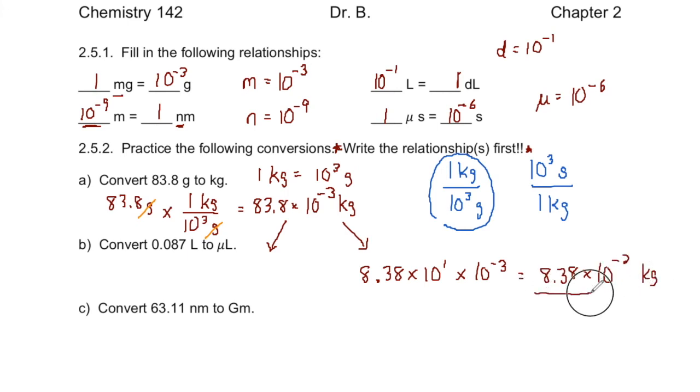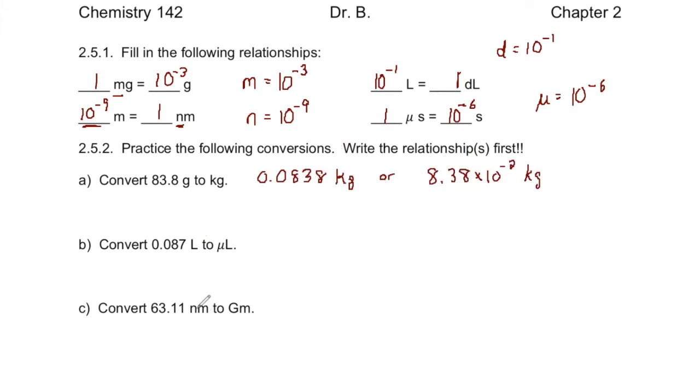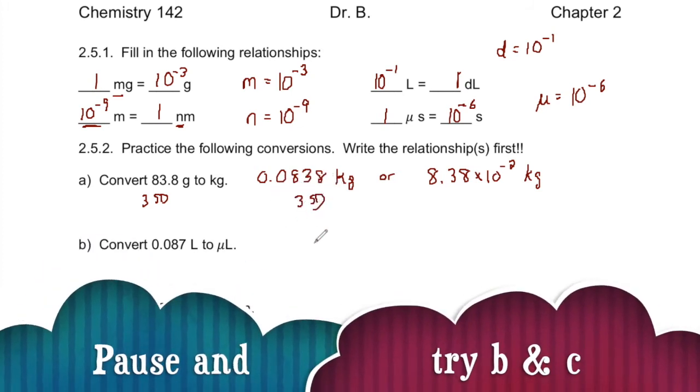That's one way to write the answer. Or we can just write the answer as a standard number, 0.0838 kilograms. Notice that we don't have to worry too much about significant digits with a metric conversion. We just keep the same amount of significant digits. We had 3 significant digits to start with. Metric conversions are all exact, and we have 3 significant digits in our answers.